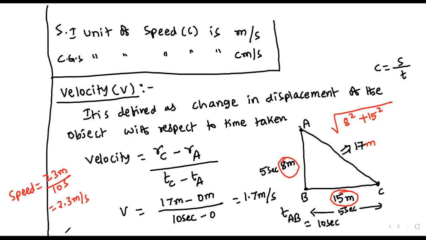Now there is one exceptional case. Whenever the particle travels in a straight line, distance is equal to displacement. So in that case only, speed is equal to velocity.